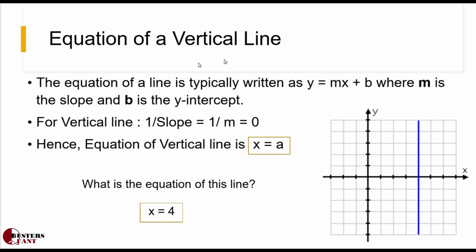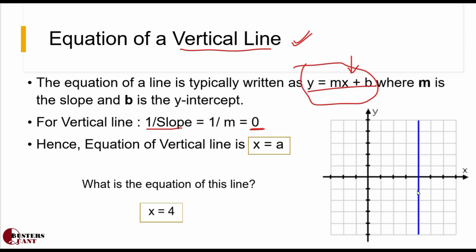Equation of a vertical line. This is the formula for the equation of line where m is the slope. Now for the vertical line, as we can see here, the x will remain the same.